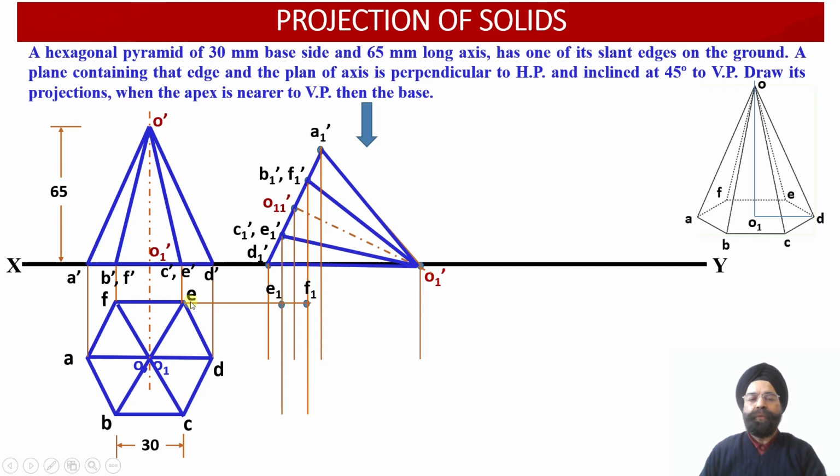Wherever this horizontal projector line emerging from points E and F is intersected by vertical projector lines emerging from E1 dash and F1 dash, these points of intersection will give us the location of the points E1 and F1. So please check, this is point E1 dash in the elevation. We draw a vertical projector line through E1 dash.